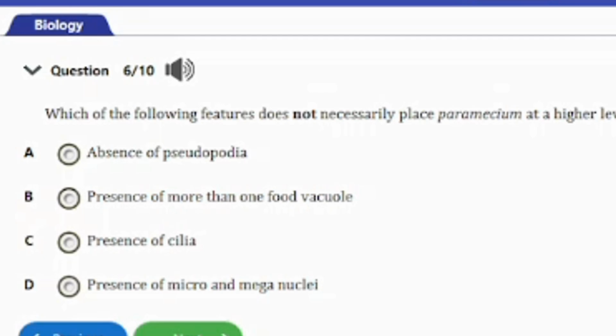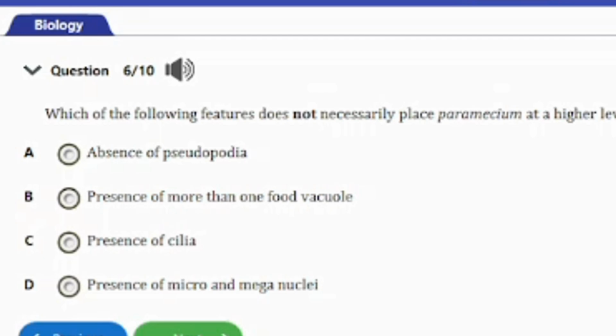Presence of more than one food vacuole is not a feature that makes paramecium a higher level organism than amoeba. But other features, such as presence of cilia, make it a higher organism. Presence of micro and meganuclei, that's like two nuclei, makes it a higher organism than amoeba as well.